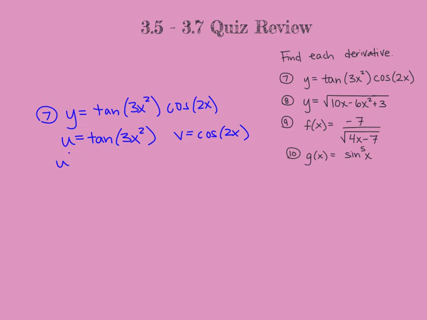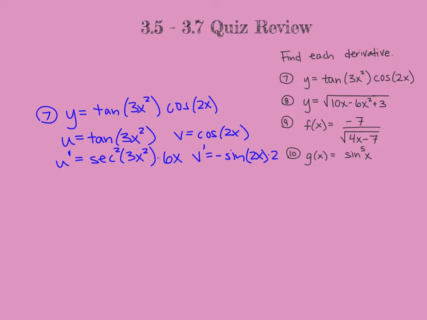Therefore, u prime is going to be secant squared of that inside function, times the derivative of the inside function using the chain rule. So the derivative of 3x squared is 6x. Then v prime is also using the chain rule. The derivative of cosine of 2x would be negative sine of 2x and then times 2.